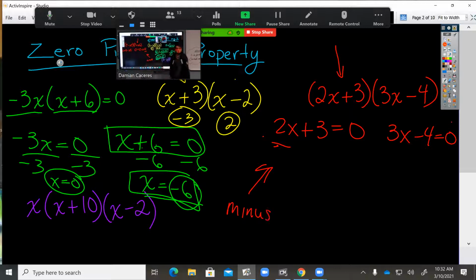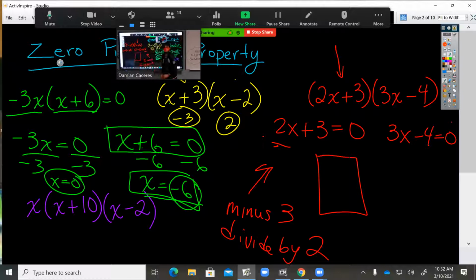Minus what? Minus 3. And then divide by what? By 2. That's how you solve equations, right? Minus 3 on both sides, divide by the coefficient. You guys all agree? Now, knowing those two steps actually gives you the answer. I'm going to write my answer with no work.